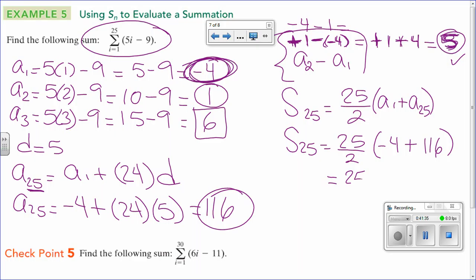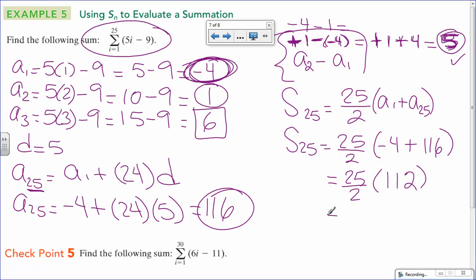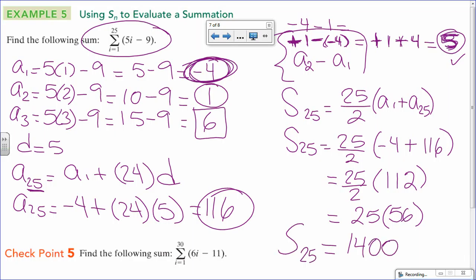In this case, we have 112. So here we could say 25 times 56. So what is it? 1400. Okay, very good. So that will be the sum of the first 25 terms.